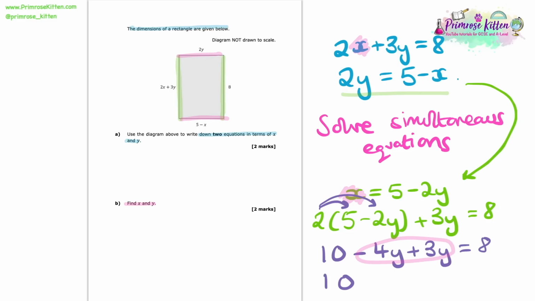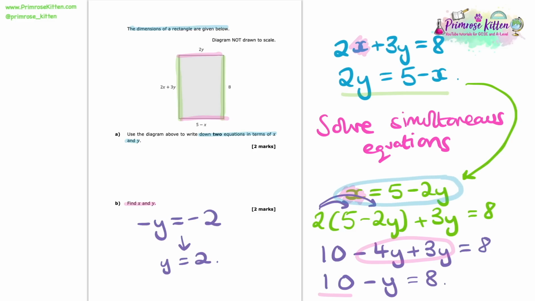Now, collecting like terms here, I know that minus 4y plus 3y gives us minus y. So here we can say that 10 minus y is equal to 8. But now that I've got this, I can see either by rearranging or observation that y will equal 2. As soon as I know that y equals 2, I can substitute that back into our earlier equation.